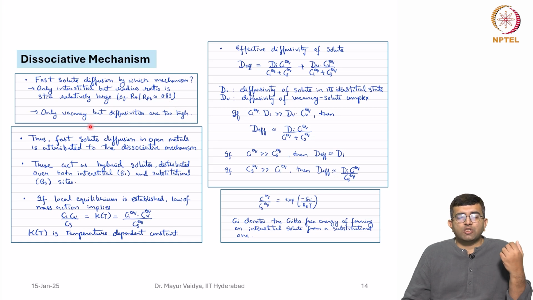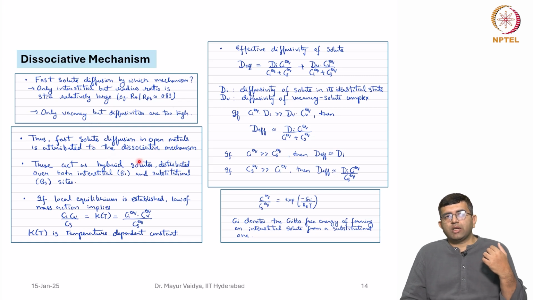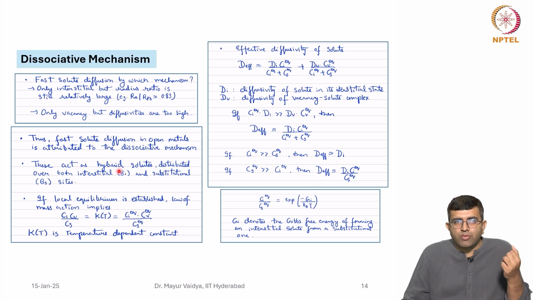If you say that it is only vacancy, but then the diffusivities are too high to have been achieved by only a vacancy mechanism. So, therefore, what has been understood is that the fast diffusion in open metals is attributed to the dissociative mechanism. These solutes act as hybrid solutes which are distributed over interstitial sites as well as substitutional sites. These are indexed Bi and Bs.